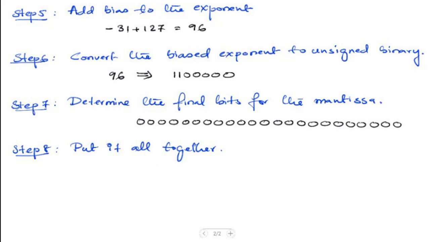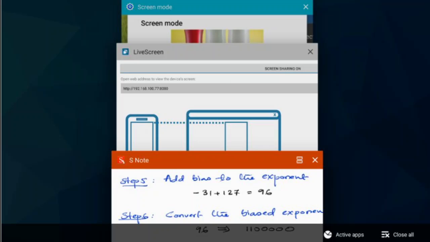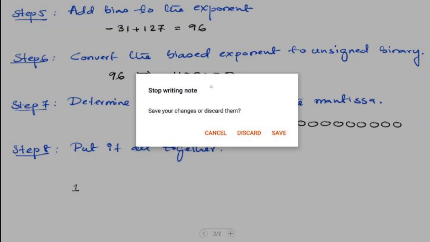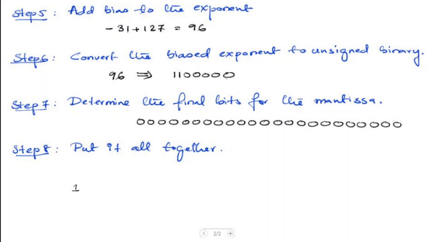Now when we put it all together, we first write the sign bit. The sign bit we got as 1, and then we write our exponent. We have to fill up 8 bits here, but we have only 7 digits here, so we put a 0 in front, then write 1 1, and then 5 zeros.